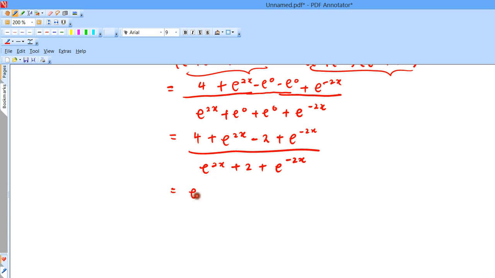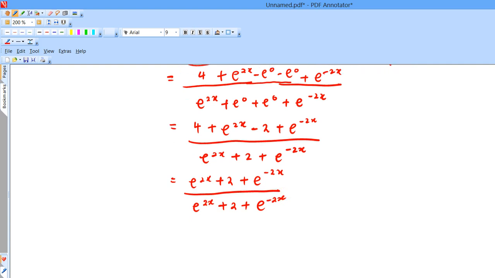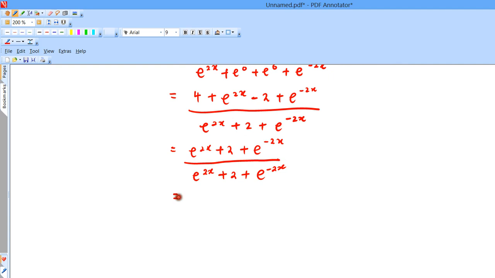So you can write e power of 2x plus 2 plus e power of negative 2x divided by e power of 2x plus 2 plus e power of negative 2x, and then we have the same term, numerator and denominator is equal to 1, or equal to right hand side. Okay, thank you.